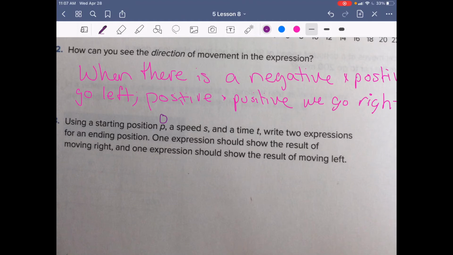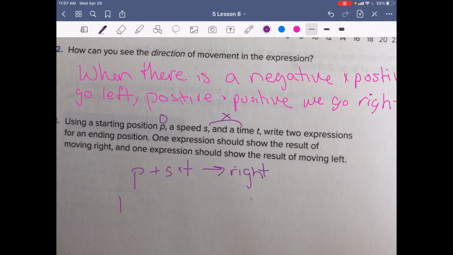Welcome back. So we could have our P plus S times T, because we ended up multiplying these 2 together. And this would show us going right.